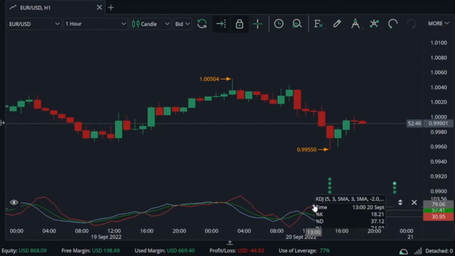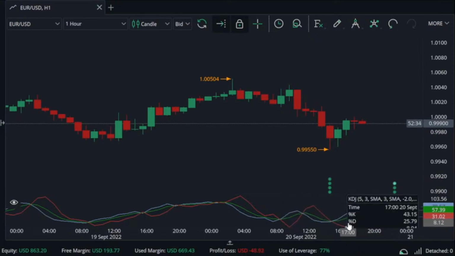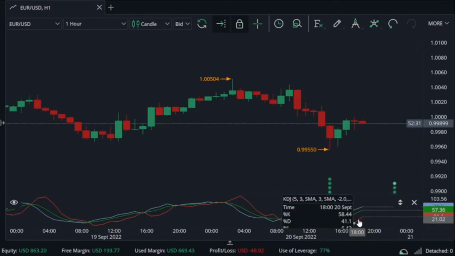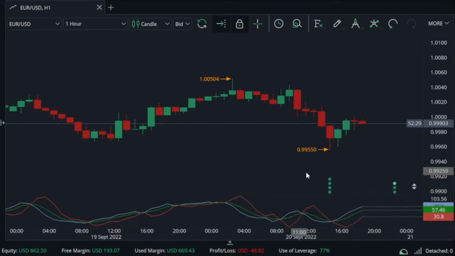So it is quite easy to understand the significance of these two lines. When we have bullish momentum, the percent %K line is on the higher side. When we have bearish momentum, the percent %J line is on the higher side. And for us to determine, we have to consider the crossover of these lines also.